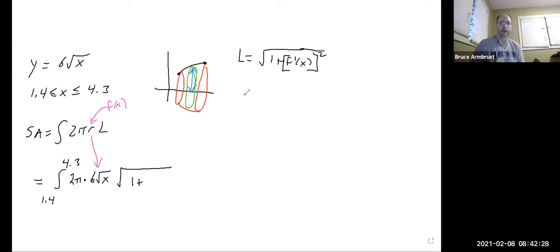So our f was 6 square roots of x. So f prime is going to be 6 times 1/2 x to the minus 1/2, or 3 over root x.